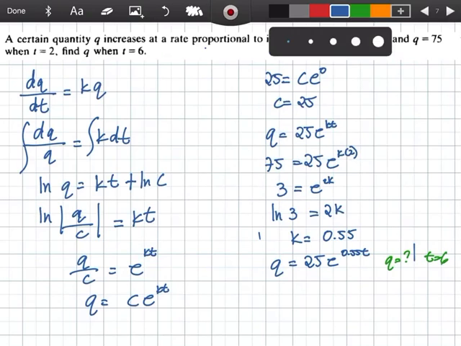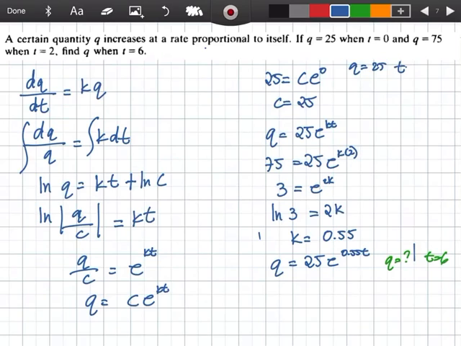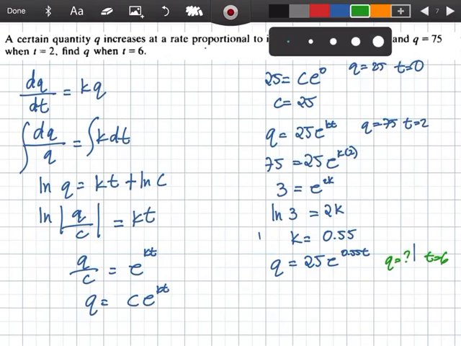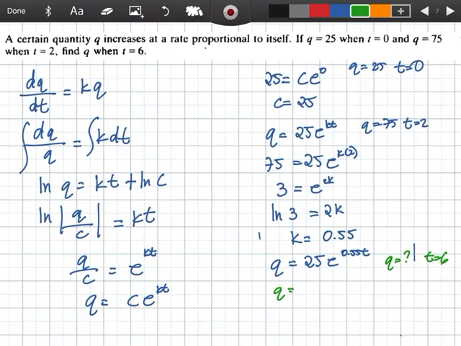Dito ay Q is equal to 25 when t is equal to 0. Dito naman, Q is 75 when t is equal to 2. Ngayon, dun tayo sa what is Q when t is equal to 6. So, Q is equal to 25 e raised to 0.55 times 6.